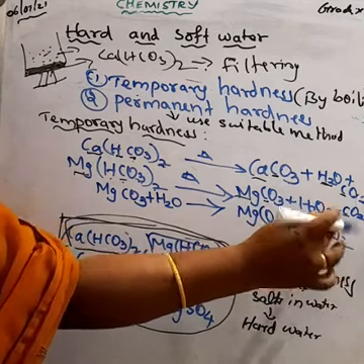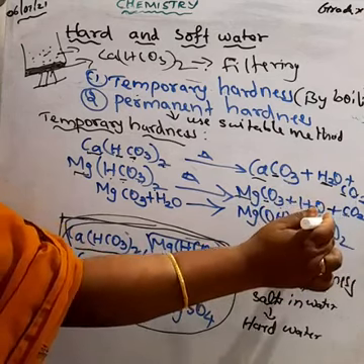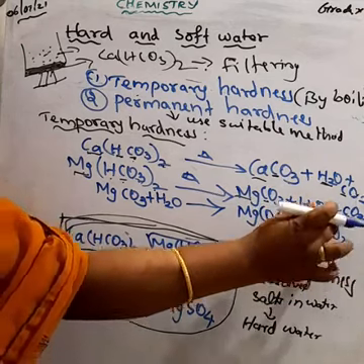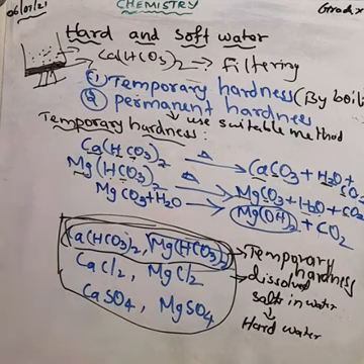So by filtering the water, we can separate the magnesium hydroxide from the water. Understood? So this is about the temporary hardness of water and the method to remove it.